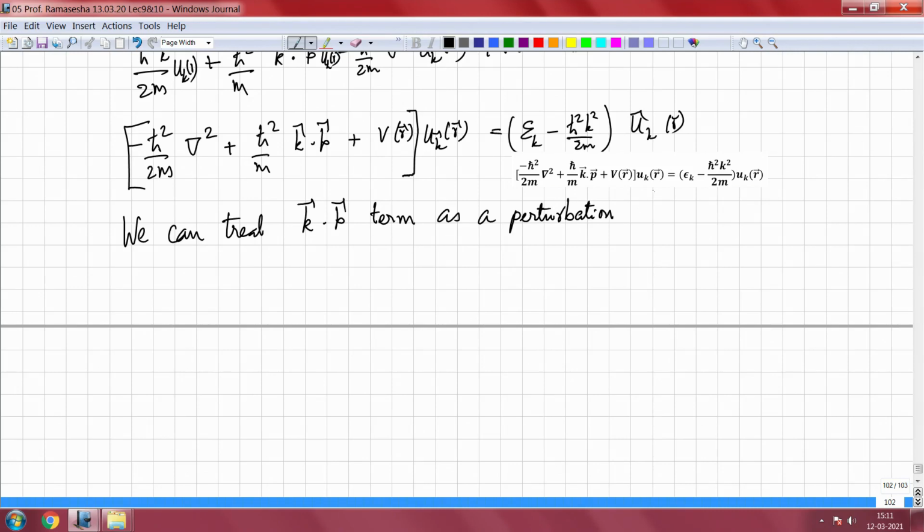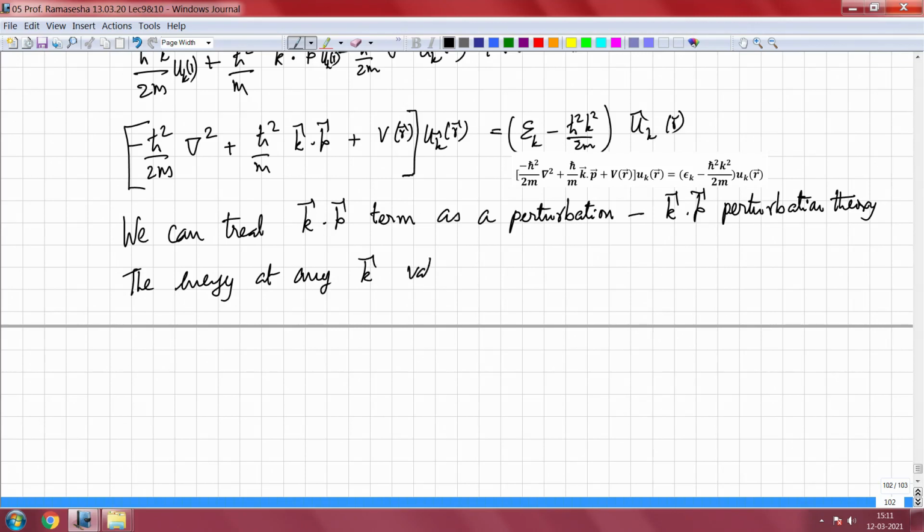This is actually known as k dot p perturbation theory. So, if we want to get the energy at any k value, what we need to do is carry out the perturbation calculation.